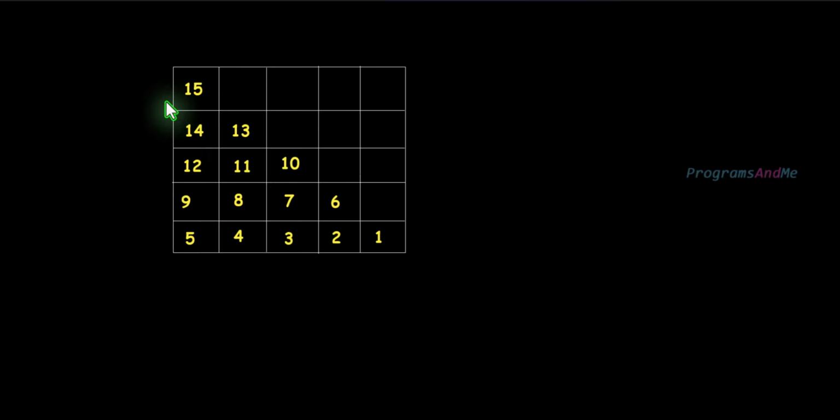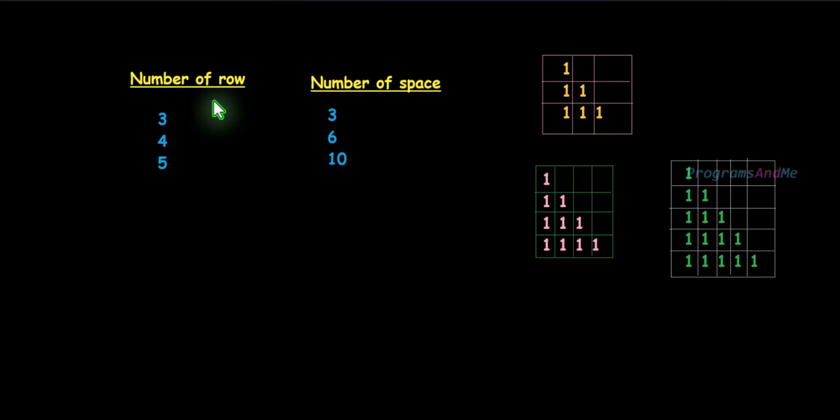Okay. Now the first thing we need to do is find the number of spaces required in this pattern. For that, here you can see when number of rows is 3 we need 3 spaces, 1, 2, 3 like this. When number of rows is 4, I need 6 spaces. When number of rows is 5, I need 10 spaces.